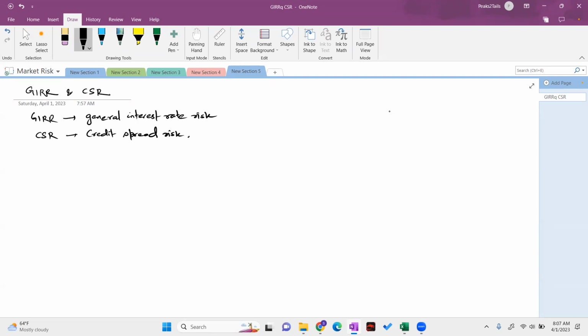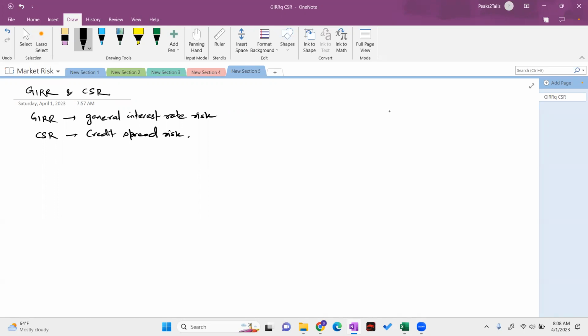Okay. Now, we understand the interest rate risk, right? So basically, you have a risk-free yield curve. Every interest rate instrument, as in any cash flow that happens in future, we have to discount it back to today to calculate the present value, which is the price of the instrument, right?